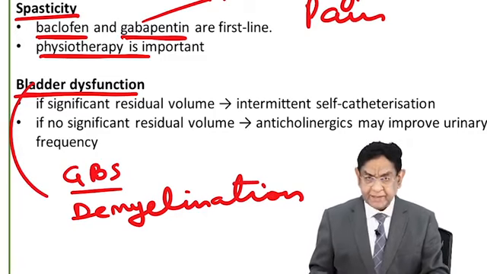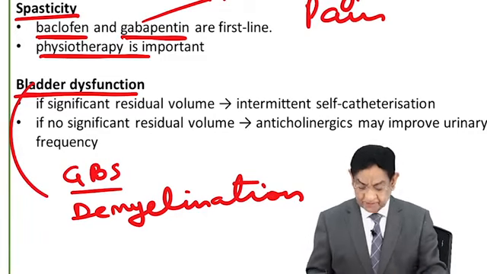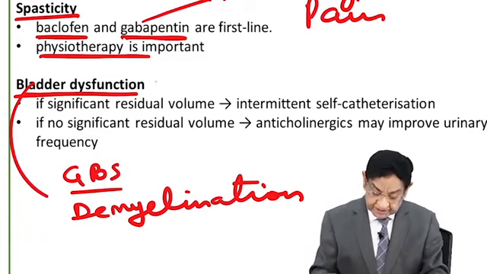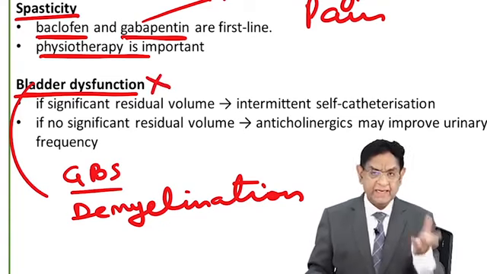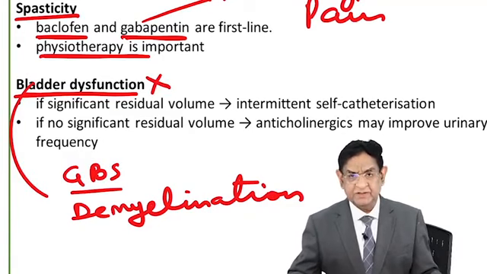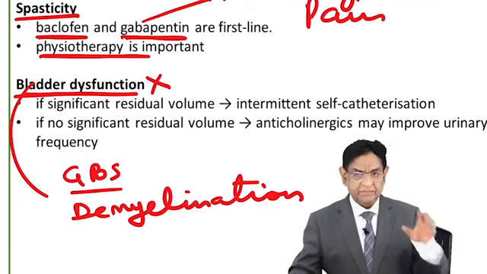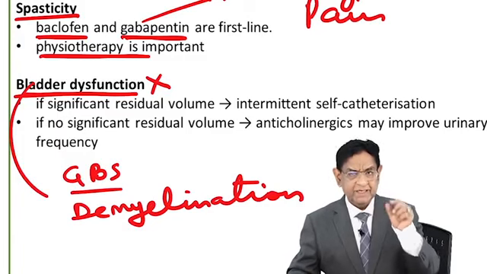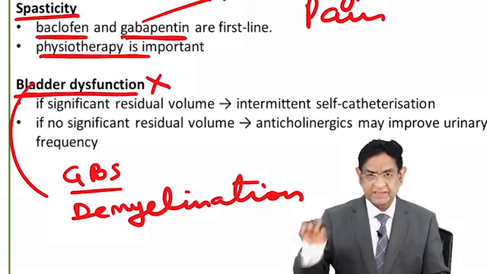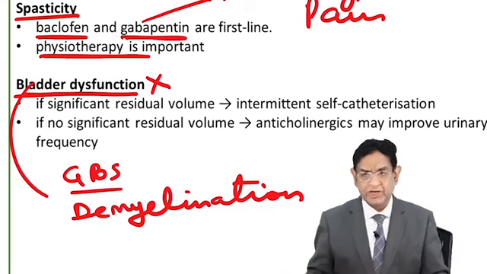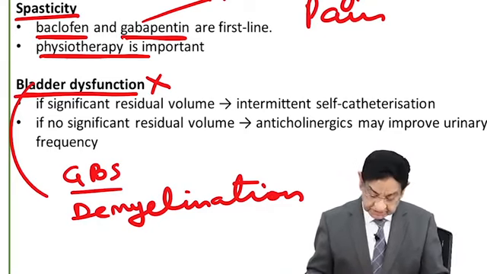But the main thing is that in Guillain-Barré syndrome, bladder dysfunction is not a feature. If you are getting a patient where you suspect Guillain-Barré syndrome and the bladder is involved, then perhaps you are not dealing with GBS, you are dealing with something else. Such an important point. But here we are talking about multiple sclerosis.